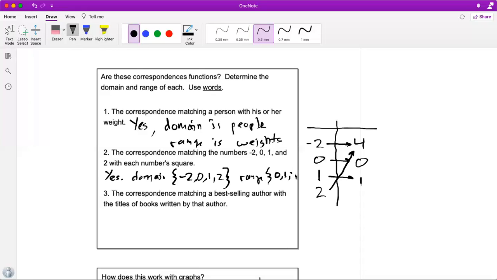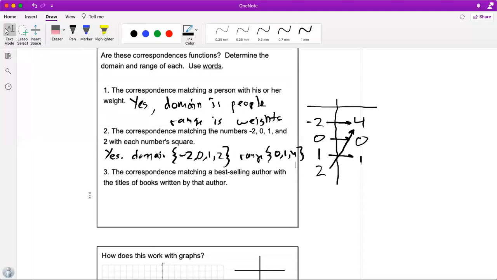I rewrote these in numerical order. It doesn't matter whether you do, but I tend to. Right, so that is a function.